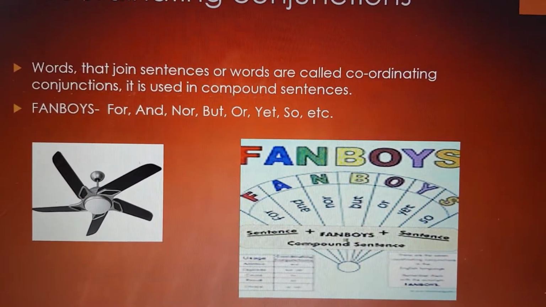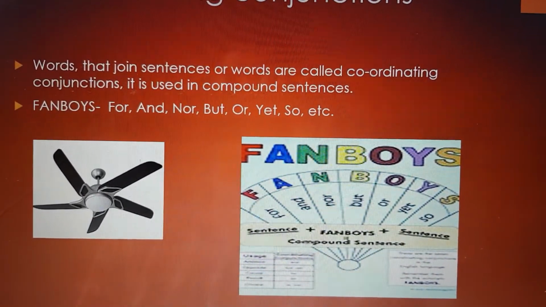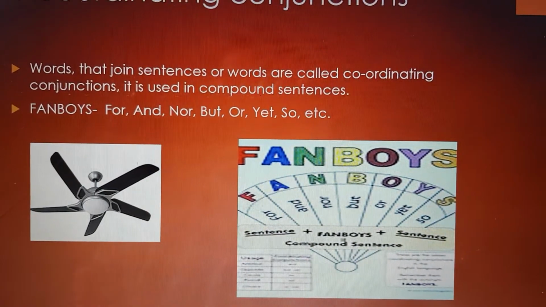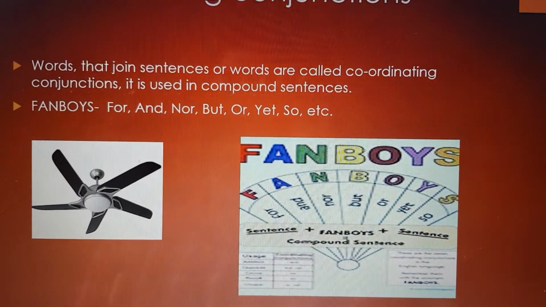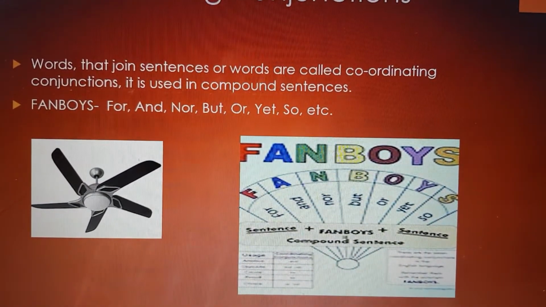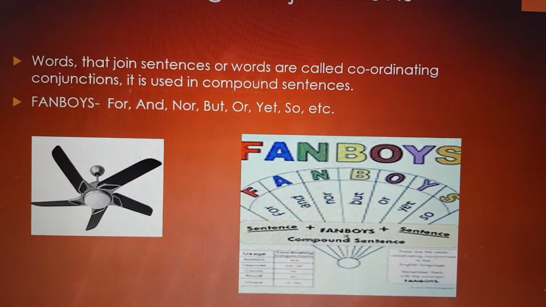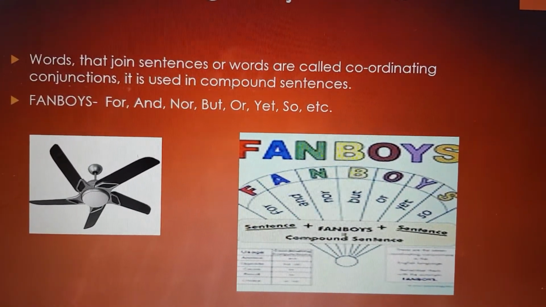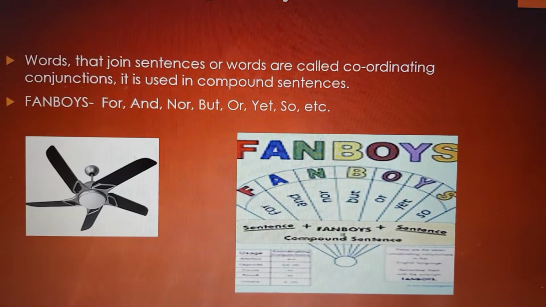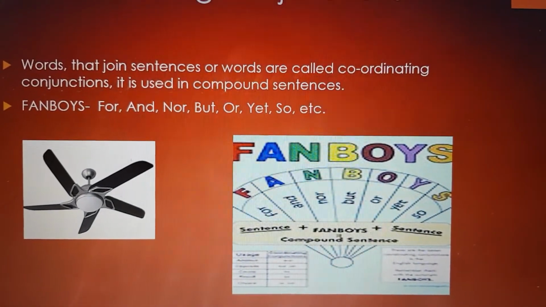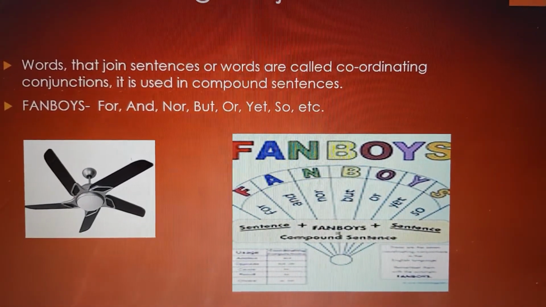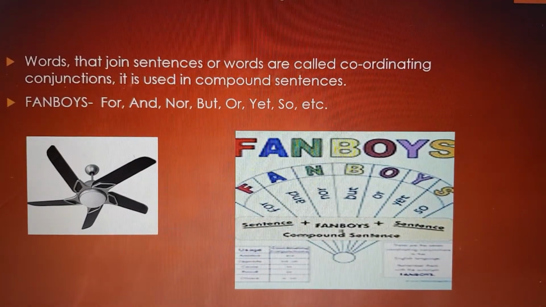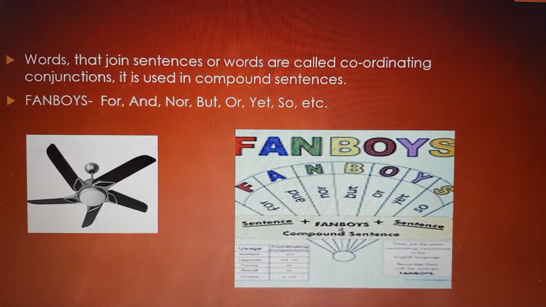And to remember these, we have come up with an acronym, FANBOYS. F stands for, A stands for and, N stands for nor, B stands for but, O stands for or, Y stands for yet, S stands for so. So all of these conjunctions can be remembered with the acronym FANBOYS.